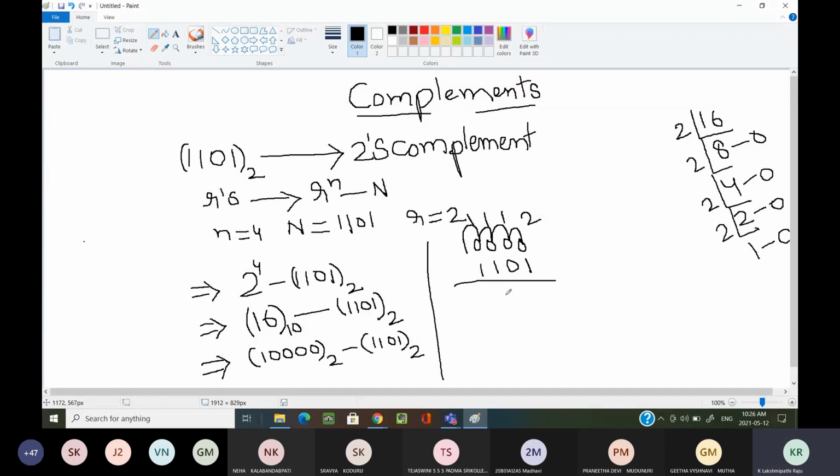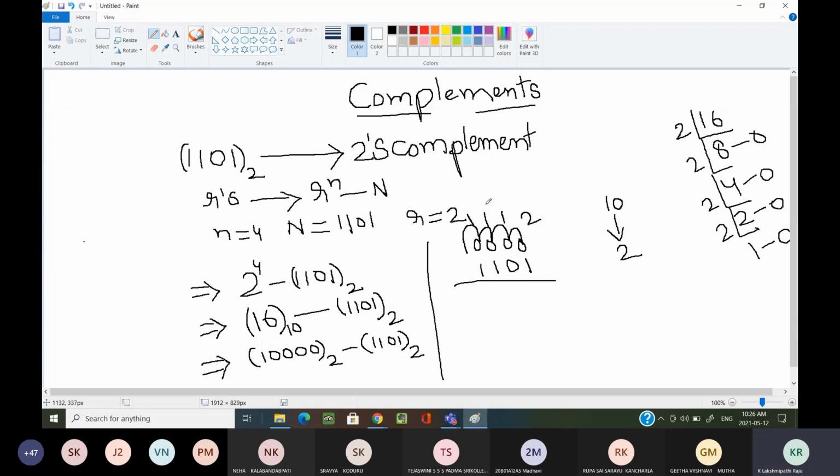Am I correct? Yes, sir. Sir, 2 will come here, sir. Actually it is 10 only. I think you were absent yesterday. Here it is 10, and that 10 is nothing but 2 in decimal.